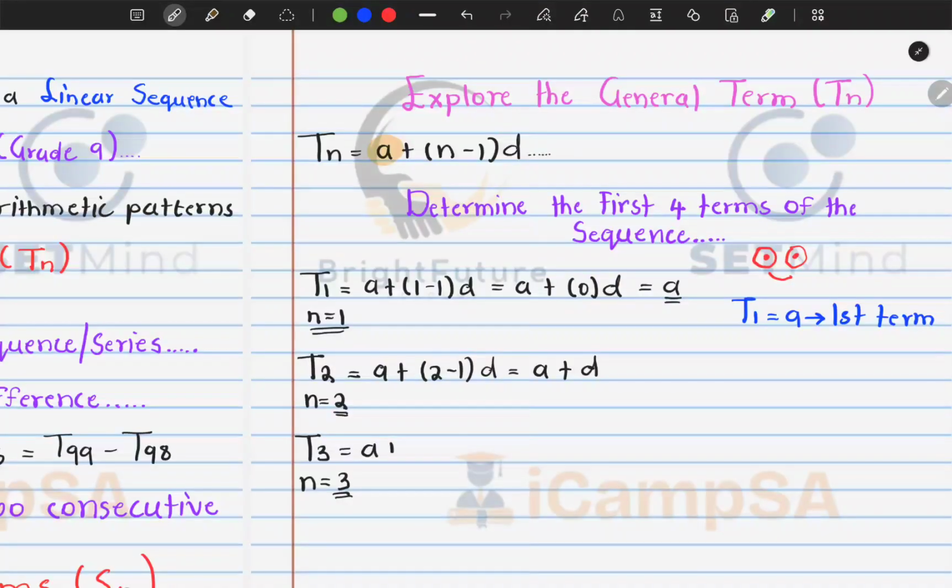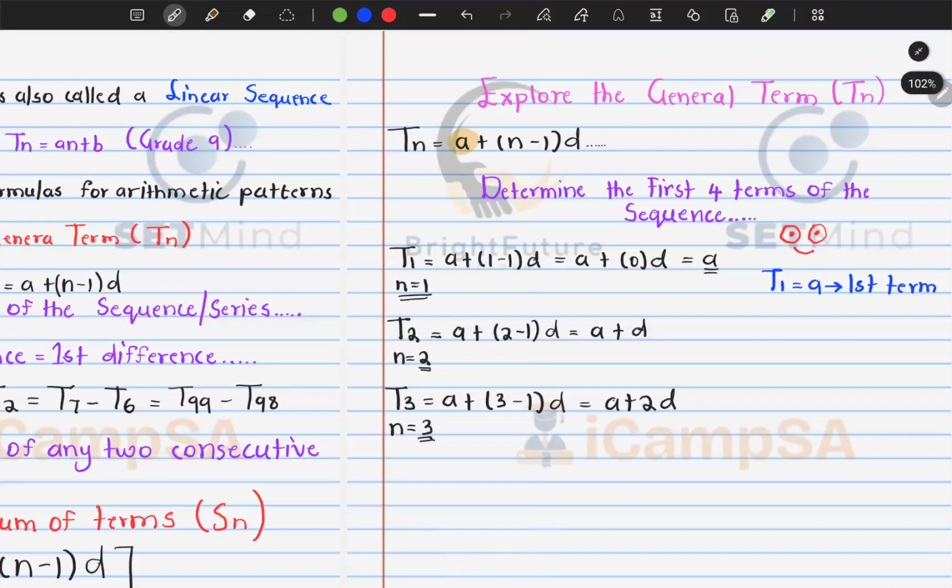So what we will have is a plus 3 minus 1 times d, of which the answer will be a plus 2d. Then let's go and have a look at term 4, because we said we will need 4 terms. At term 4, we take n, we make it to be 4, which means we'll have a plus 4 minus 1 times d, and this will end up giving us a plus 3d.